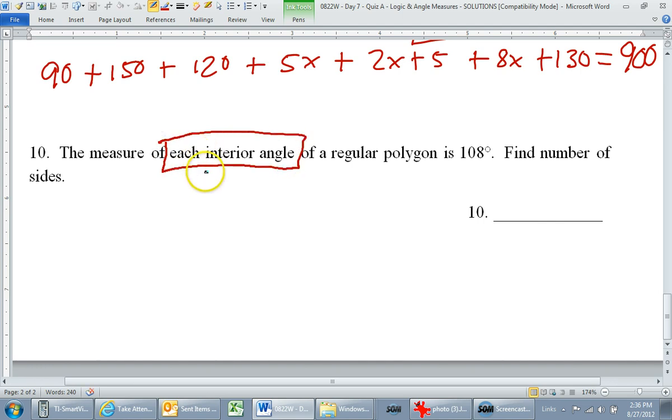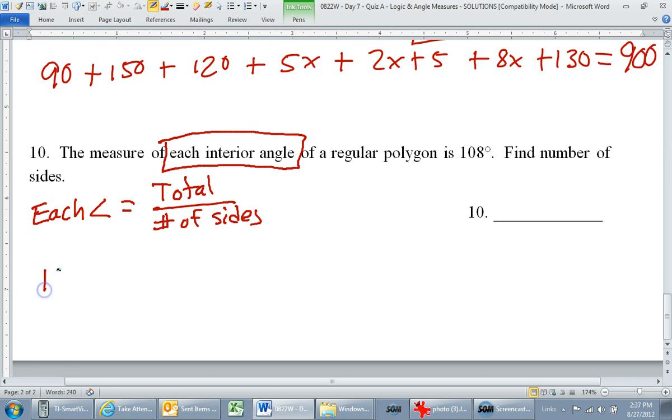I was hoping you would pick up on those key words. Anytime you're going to do each angle, that's going to be the total divided by the number of sides. In this case, each angle is 108, because we were given each angle.